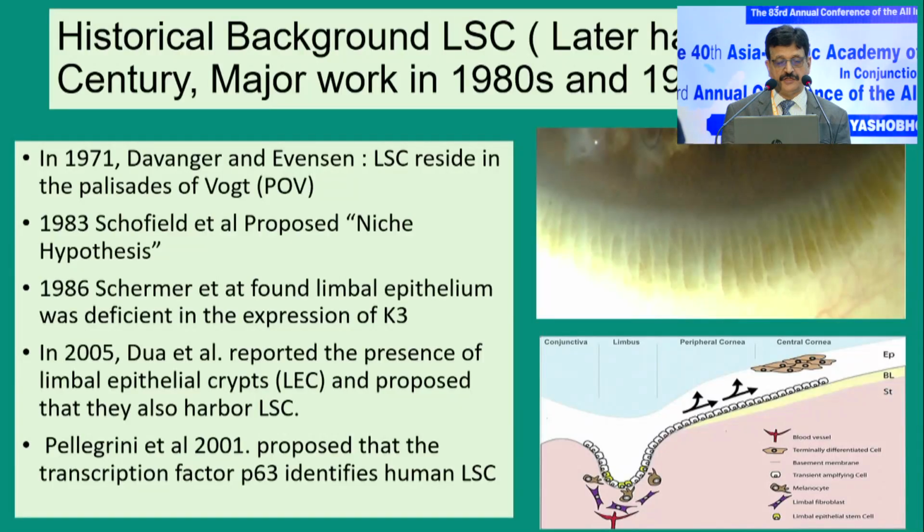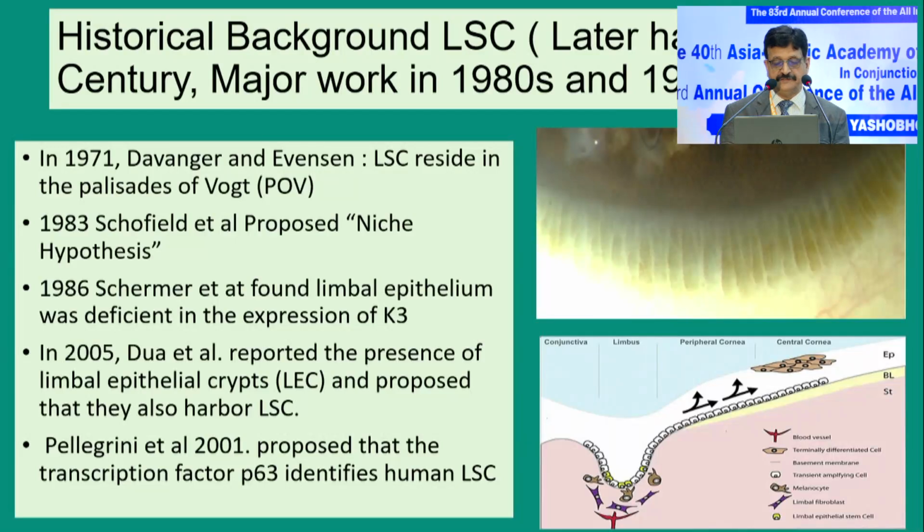Some of the historical points: in 1971, it was discovered that the limbal stem cells reside in the palisades of Vogt. In 1983, the niche hypothesis was proposed, which is very important, and is basically the basis of all limbal stem cell deficiency disorders and their management.